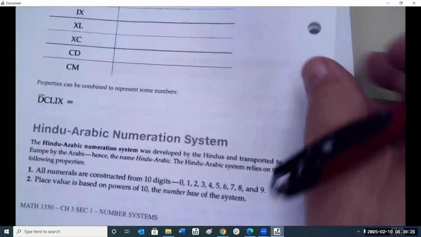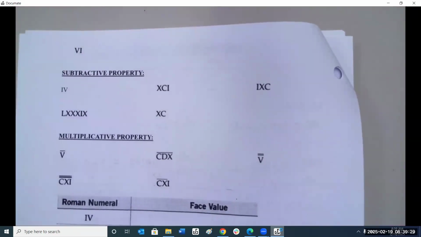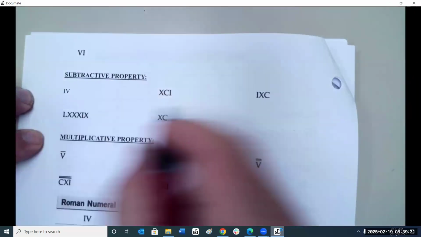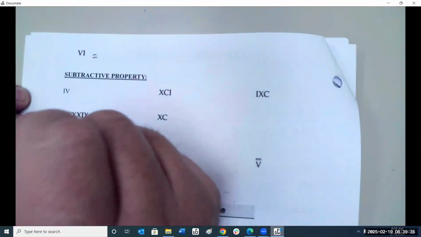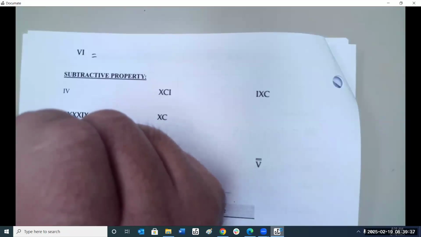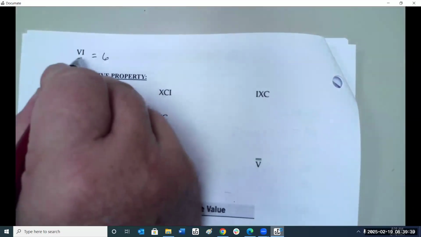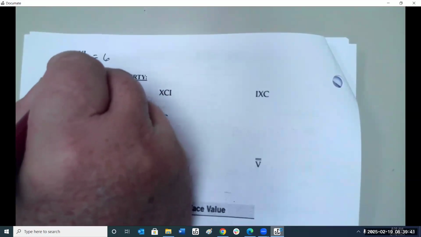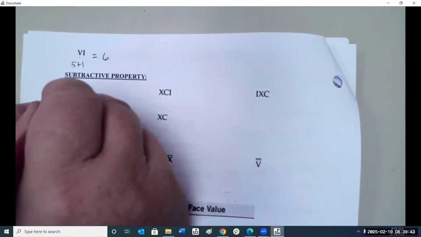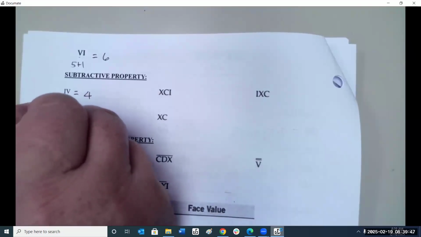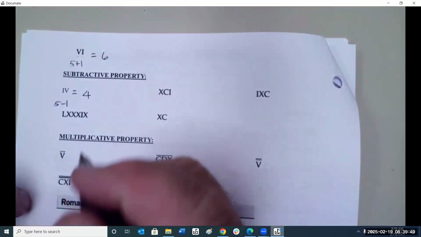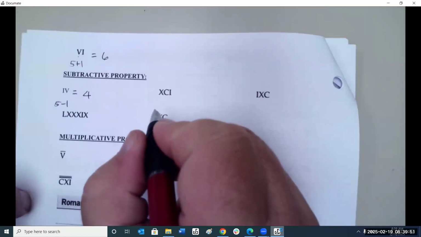Okay, now somebody from that side of the room. Do the rest of these. Six, very good, because it's 5 plus 1. How about this one? Right, because it's 5 minus 1. How about this one?